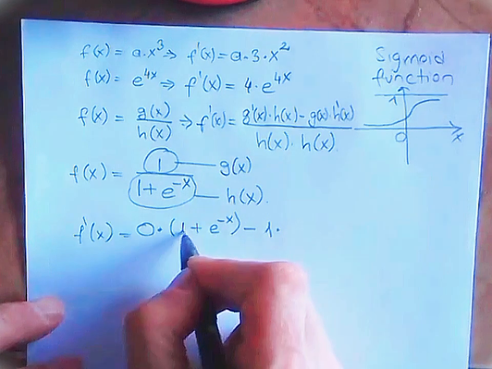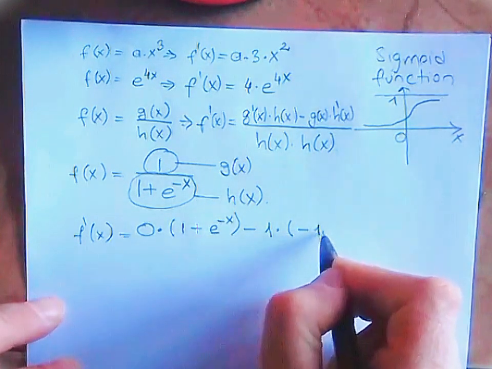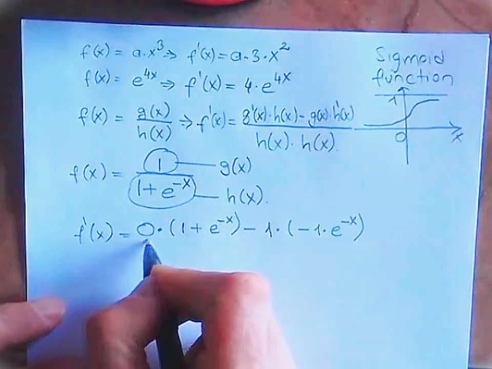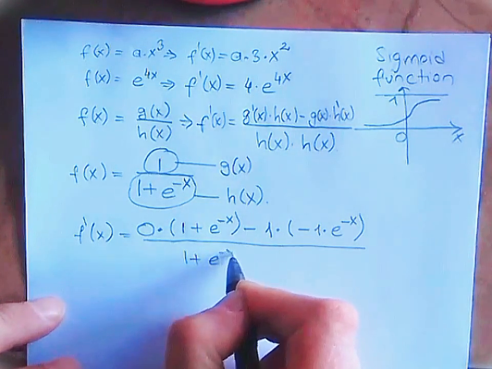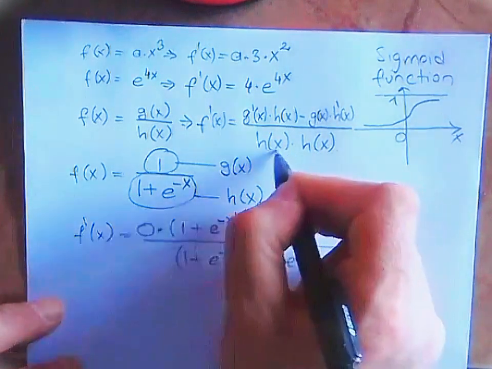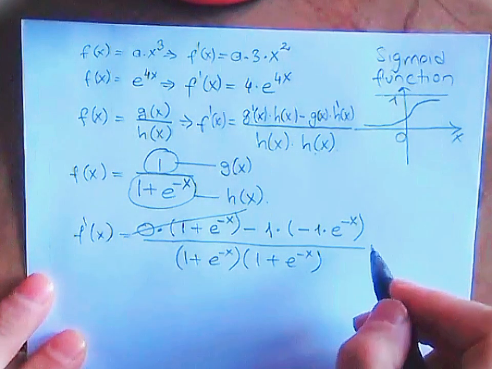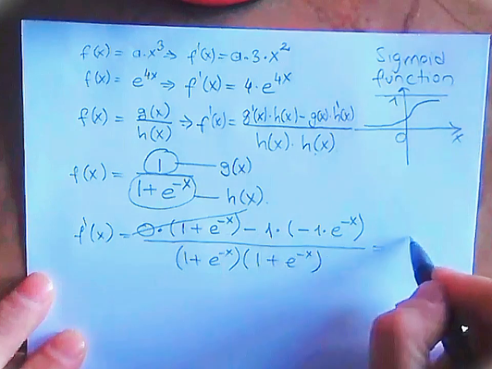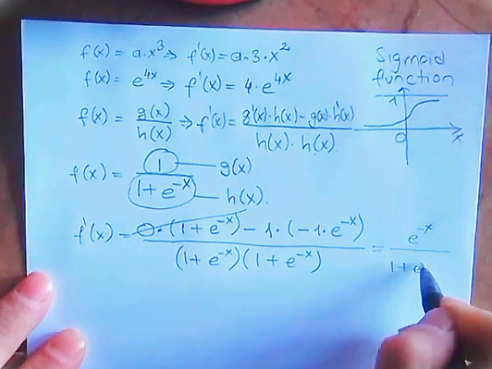This is 0 and this is minus 1 times e over the same, divided by 1 plus e over x times the same. This is 0, it makes plus e over minus x divided by this one.